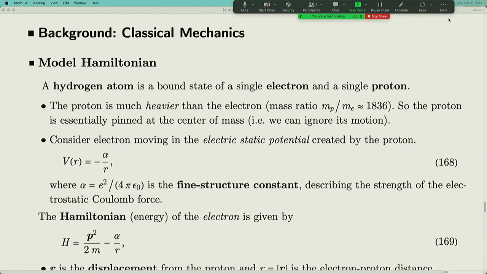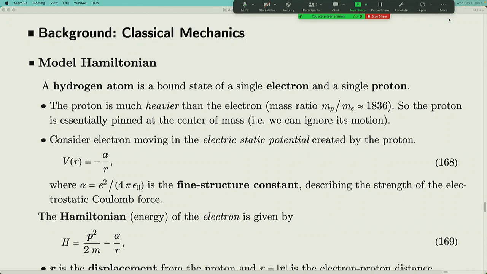So the proton essentially is pinned at the center of mass. If you have these two bodies moving around each other, then the center of mass of the system will remain static, right? But if one of the bodies is so heavy, then it's almost like the proton has no motion.